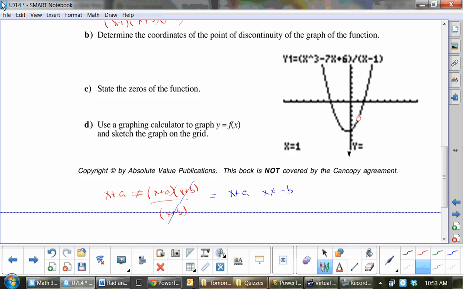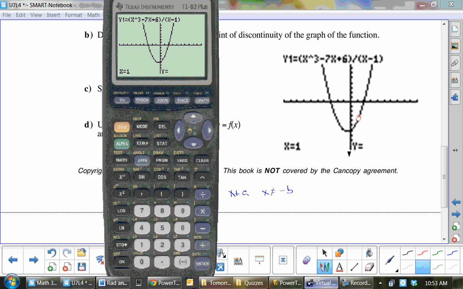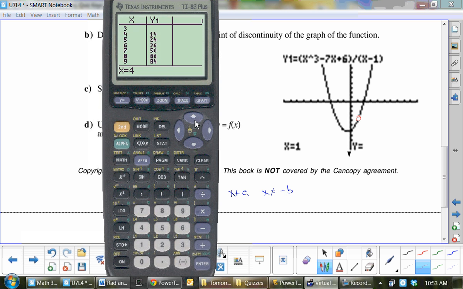Now, did your calculator show you that? Sort of. Because I knew where, and you could probably go to table. Table will actually show you. So if I hit second graph, which is table, okay, that's how I would check that out. So there's another way to be able to check these.